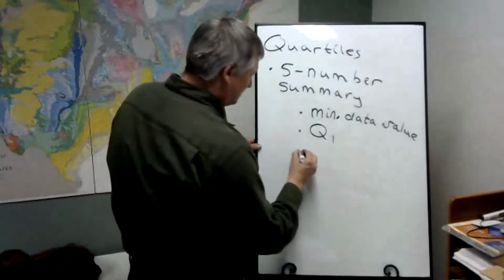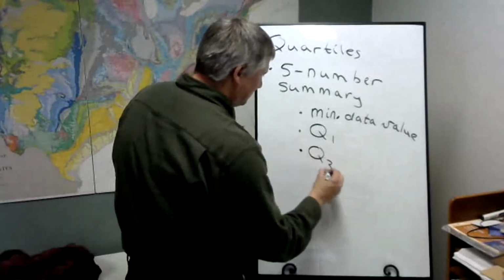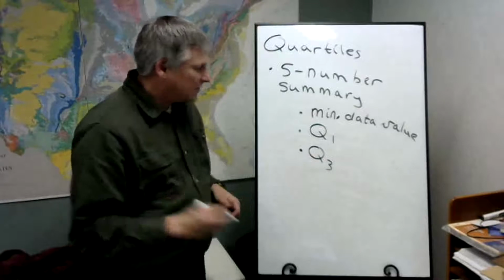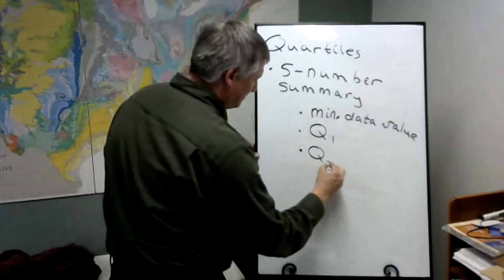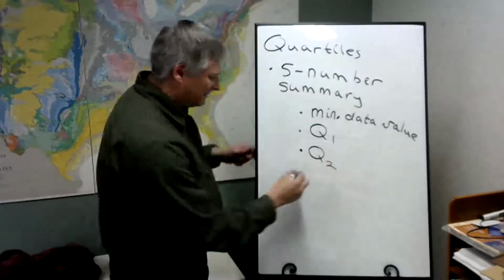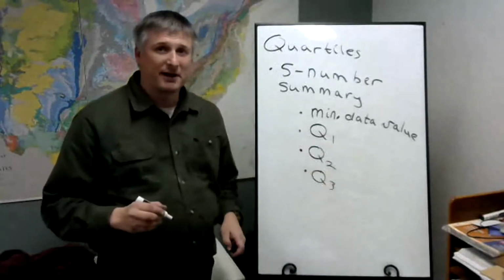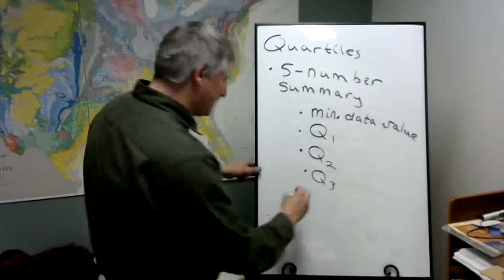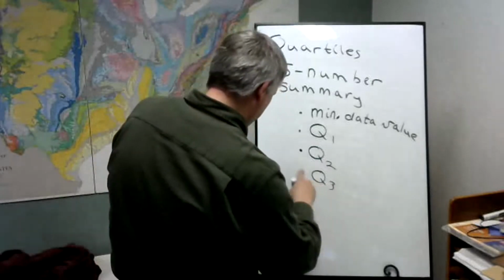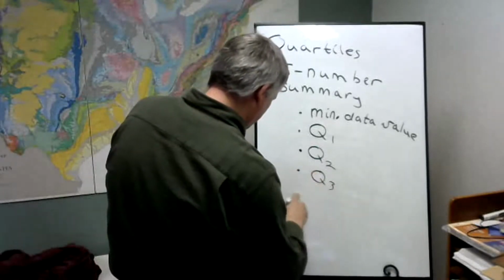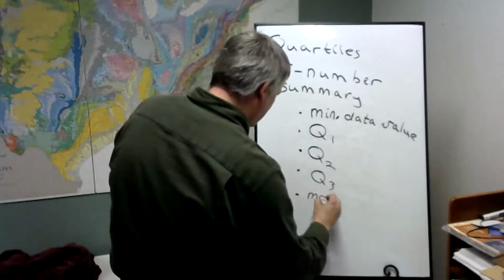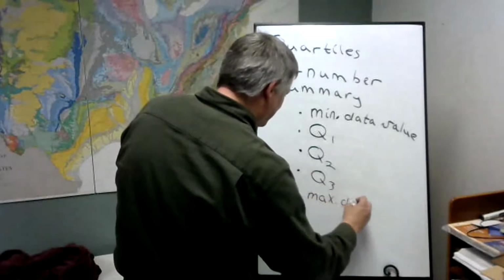Next, the second quartile. Then the third quartile. And then finally, the max data value.